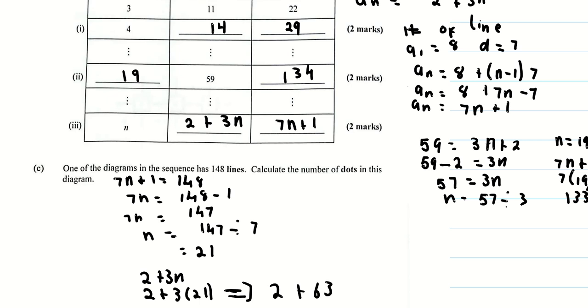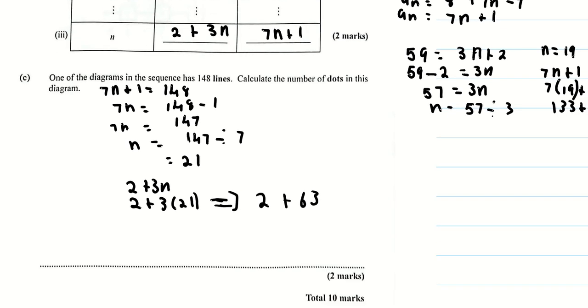So what is the number of dots in the diagram that has 148 lines? 65. And that is how you would do this question. Right, and that is the end of number 7 for January 2025 paper 2.